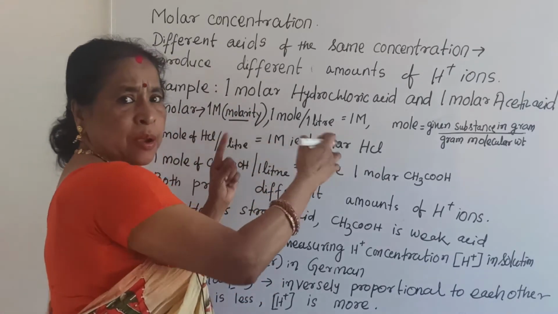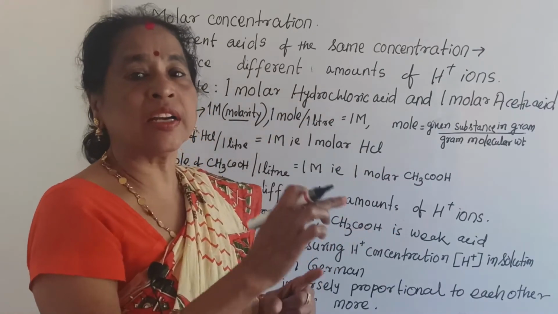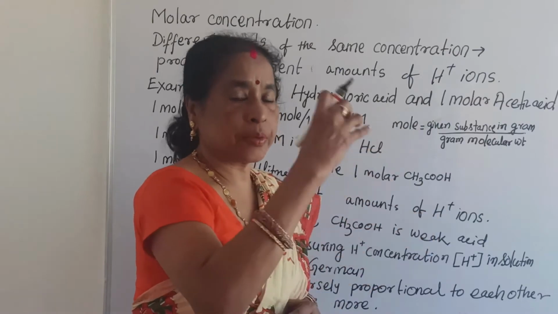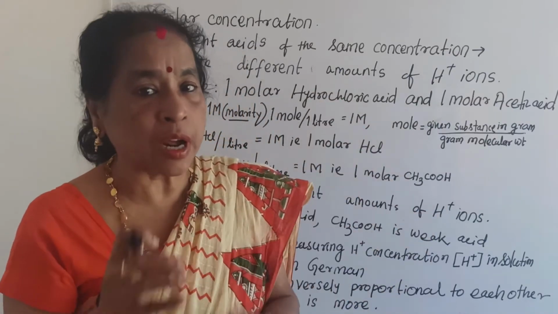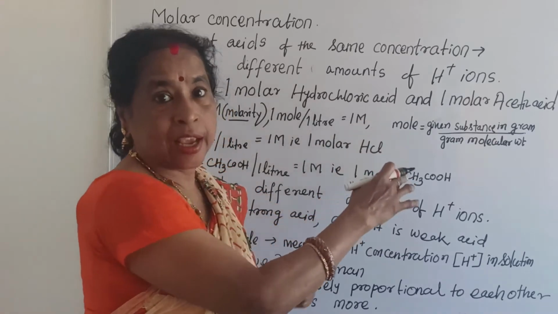Then what is meant by 1 M? That means 1 mole per 1 liter. If 1 mole of a substance is dissolved in 1 liter, then it is called 1 M, or we can say a 1 molar solution.